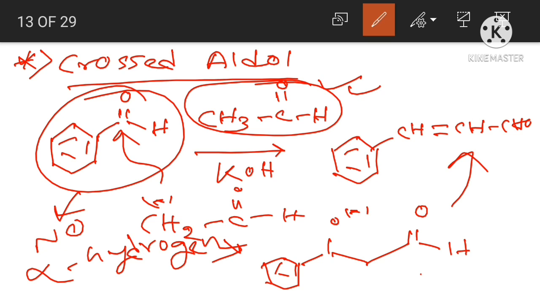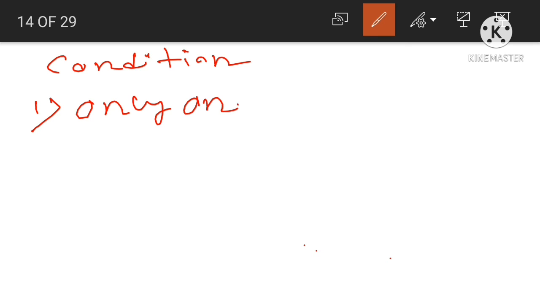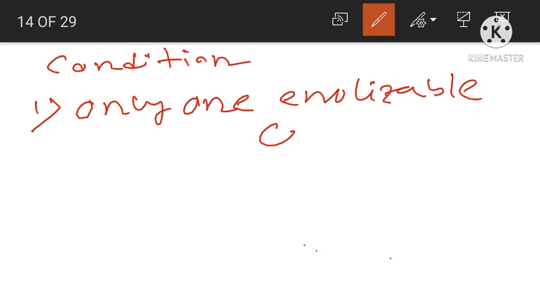Conditions for crossed aldol reaction: number one, only one ionizable compound will be there.